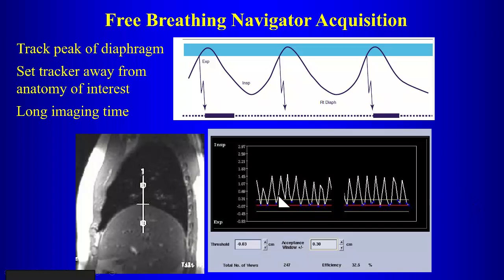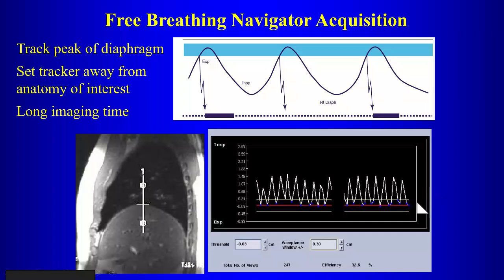But it's only when the diaphragm falls within that narrow range that's the data we're going to use to reconstruct our images. Okay, so the diaphragm is going up and down, but when it's in the same position in that narrow range, that's the information we're going to use for our images. All of the rest of this information is going to be thrown away.